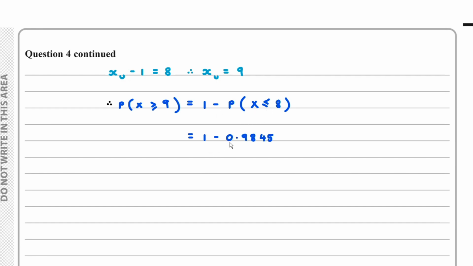So we have 1 subtract 0.9845, which is the same as 0.0155. So therefore, for our critical regions, we have x equaling 0 or x being greater than or equal to 9.